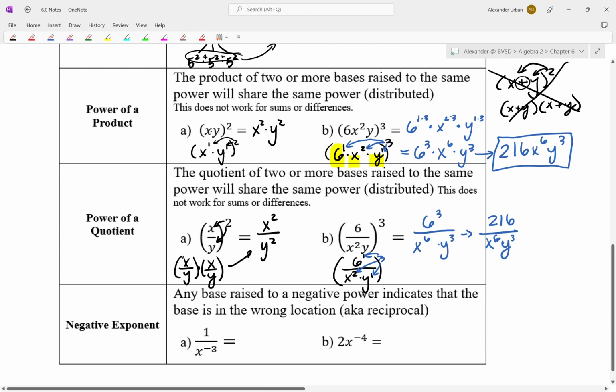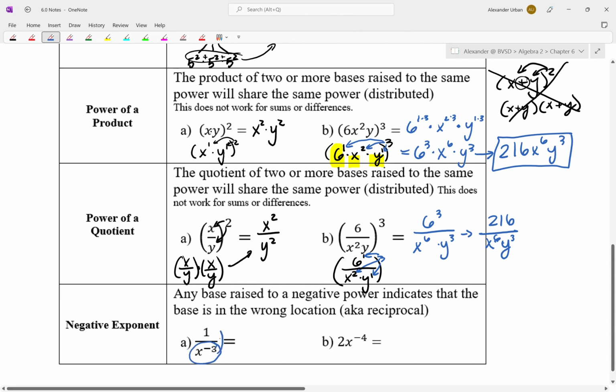Our last law of exponents, or rules of exponents, is any base raised to a negative power indicates the base is in the wrong location, aka reciprocal. So I like to think about it as wrong place, wrong time kind of thing, wrong location. So I have x to the negative 3rd power in the denominator.